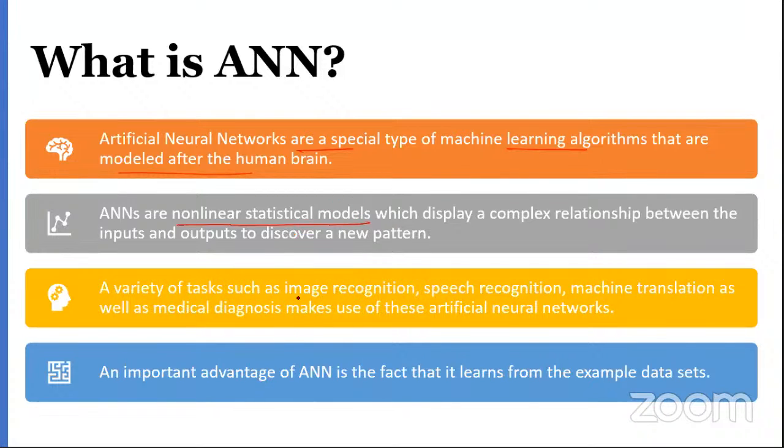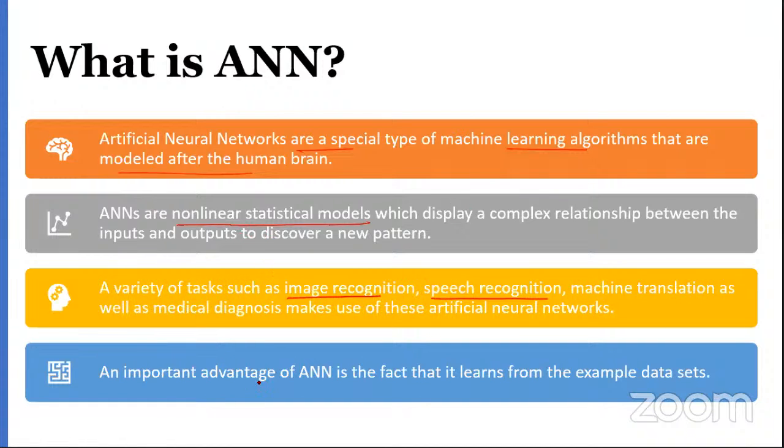ANN is widely used in image recognition and speech recognition. You can utilize ANN for machine translation, meaning language translation. A variety of applications exist which are based on ANN, and those models are utilized by medical practitioners.